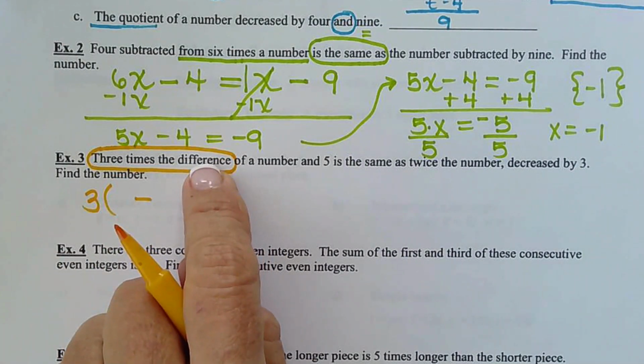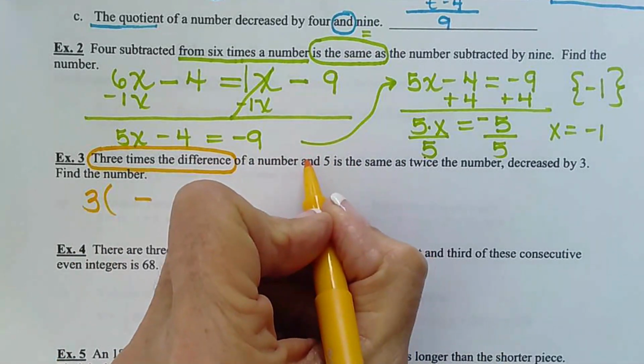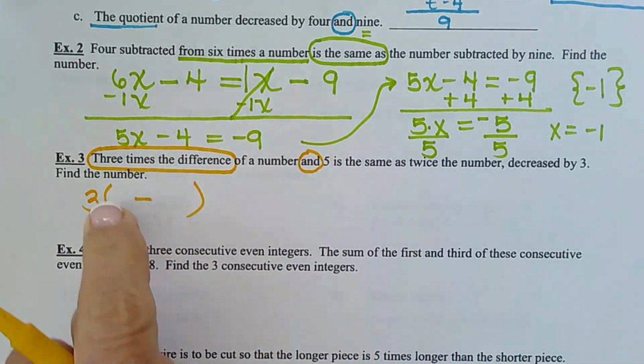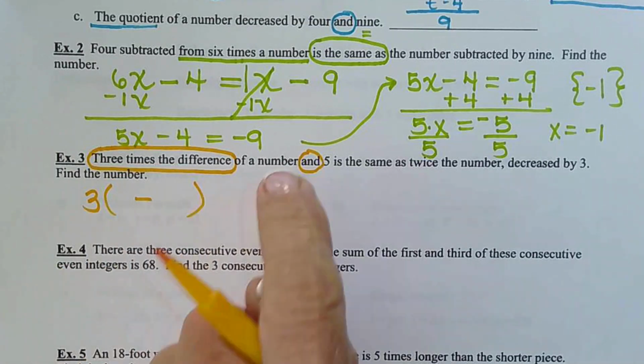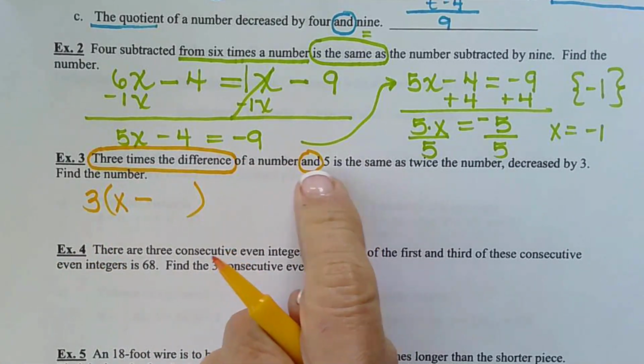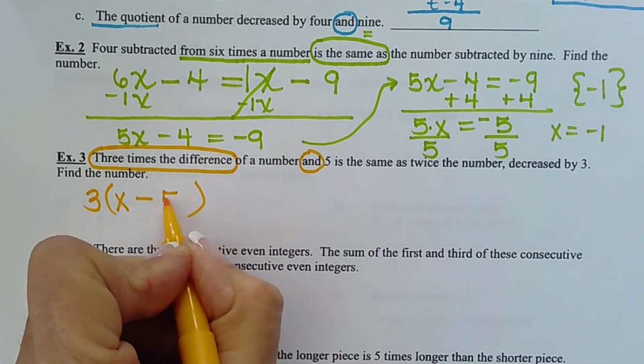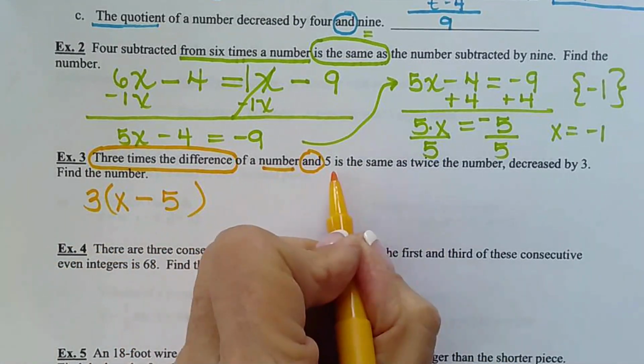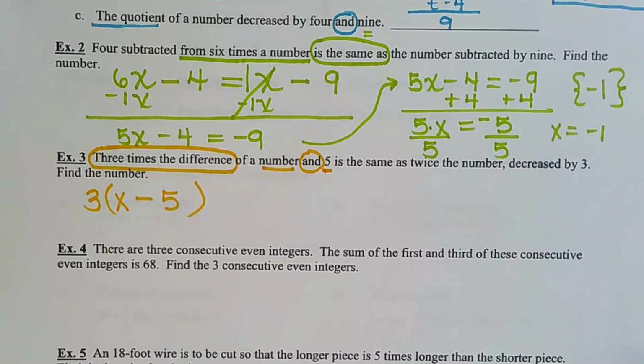And then because we have the key operator word there, difference, we look for "and" to see what goes in front of the subtraction and what goes after. A number goes in front, 5 goes in the back. So a number before "and", 5 after "and".